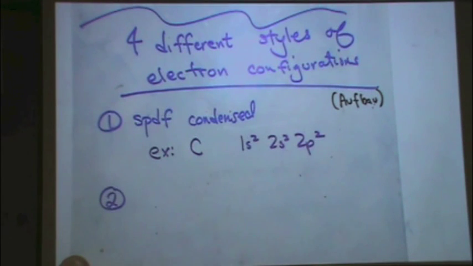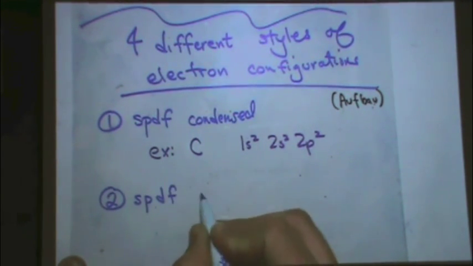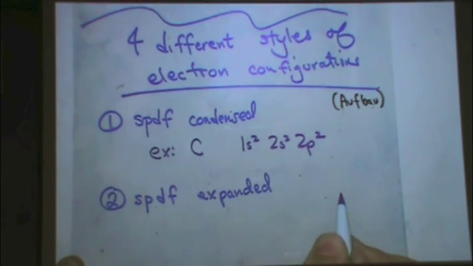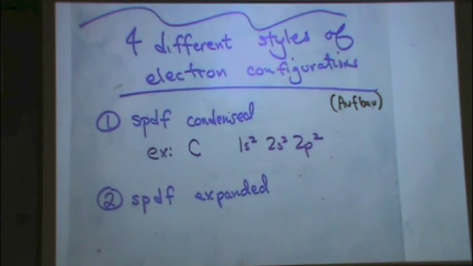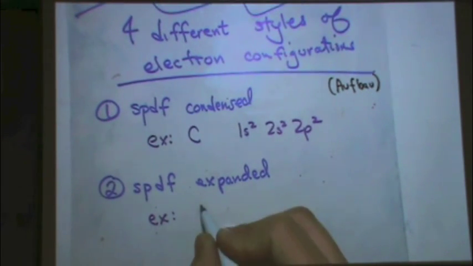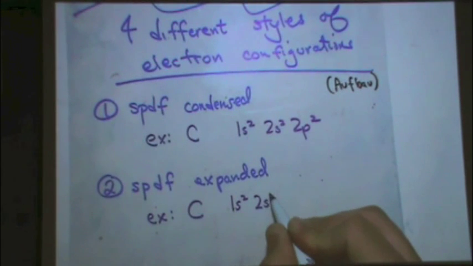Number 2. There's the SPDF expanded. SPDF expanded is the second type. Let's do this for carbon. There's a 1s2, 2s2.